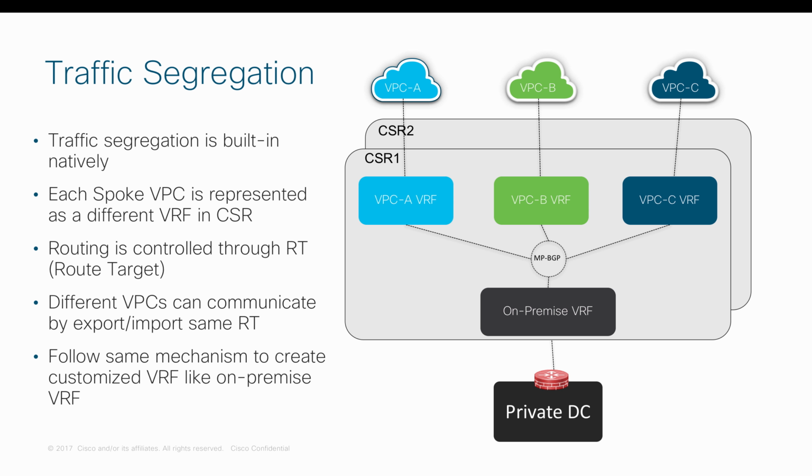You have to make sure it imports and exports the same route target with other VRFs, and then you either create a tunnel that goes back to your private data center over the internet, or over Direct Connect, or you use other ways to connect. But basically, you have to follow the same mechanism, including the VRF and also the BGP part.